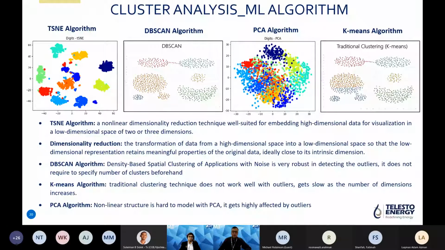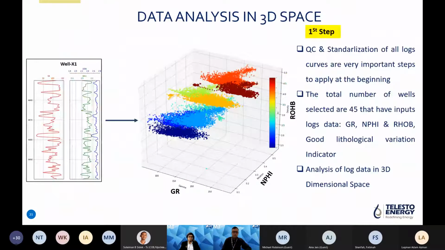DBSCAN is density-based spatial clustering of applications with noise, very robust in detecting outliers. It does not require you to specify how many clusters you want, unlike k-means. K-means is a traditional approach, but you need to define how many clusters you want to have.